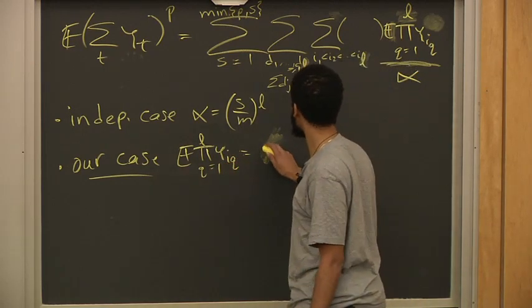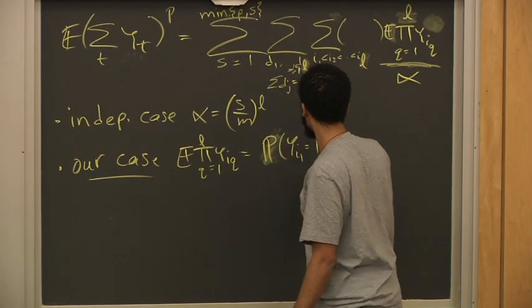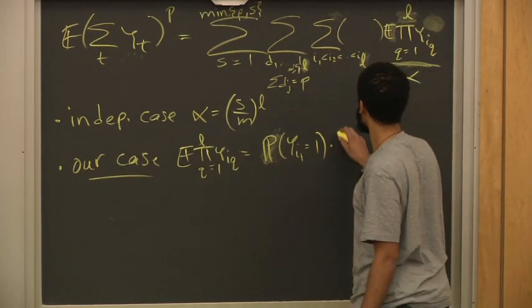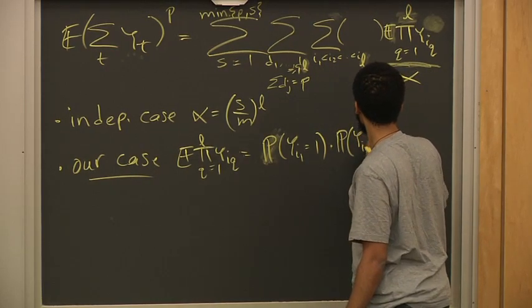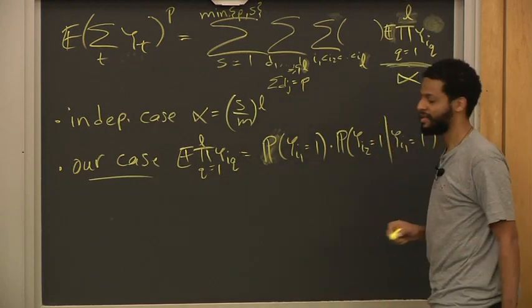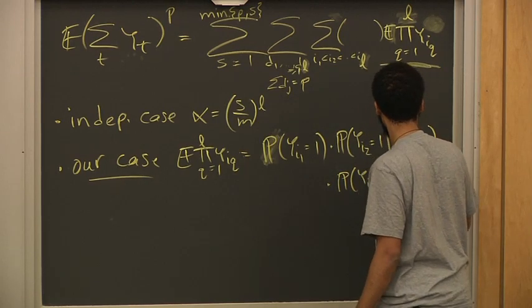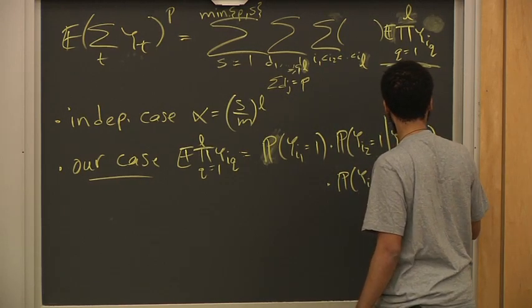So it's the probability that y_i1 equals 1, times the probability that y_i2 equals 1 given that y_i1 equals 1, times the probability that y_i3 equals 1 given that y_i1 equals y_i2 equals 1, et cetera.